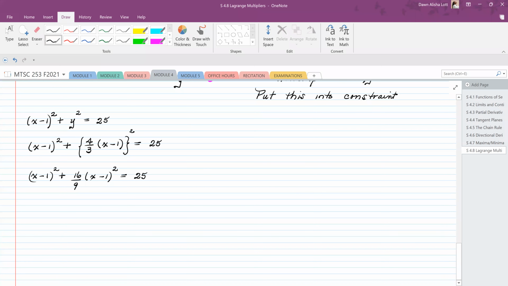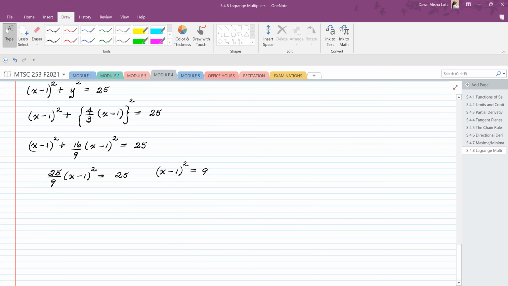So now I get 25 over 9 times x minus 1 squared is equal to 25, or x minus 1 squared is equal to 9.